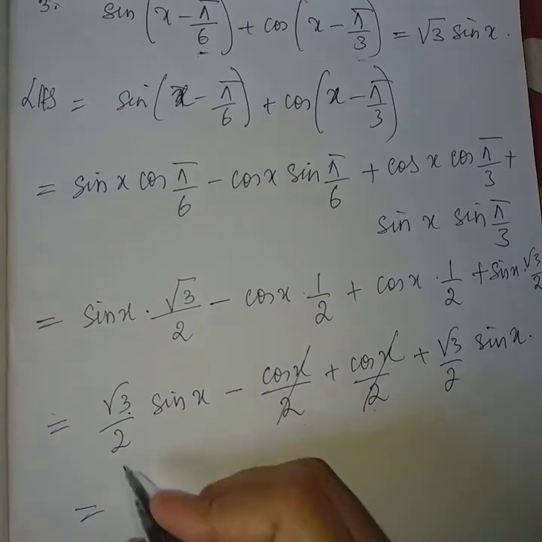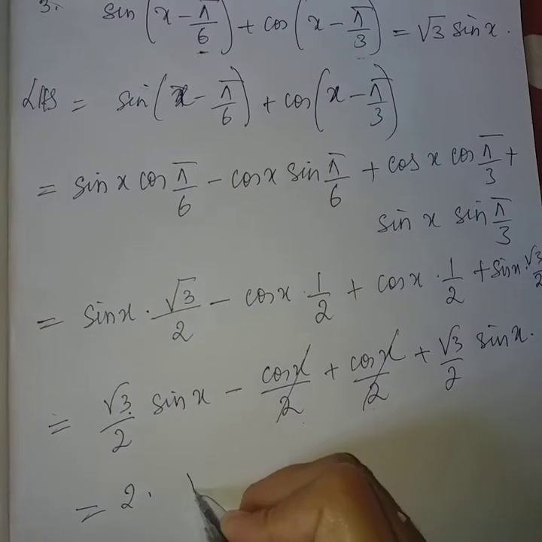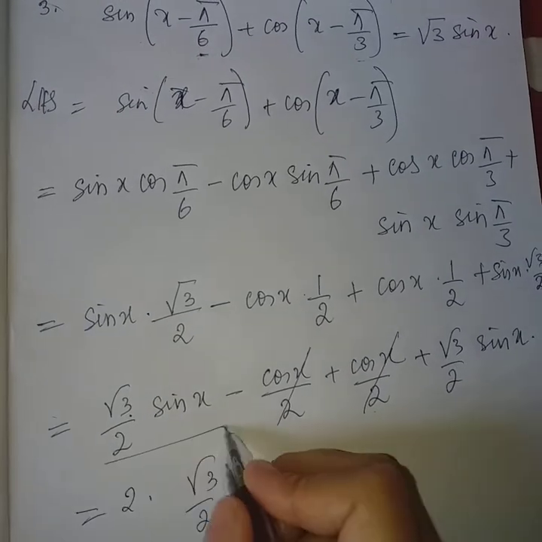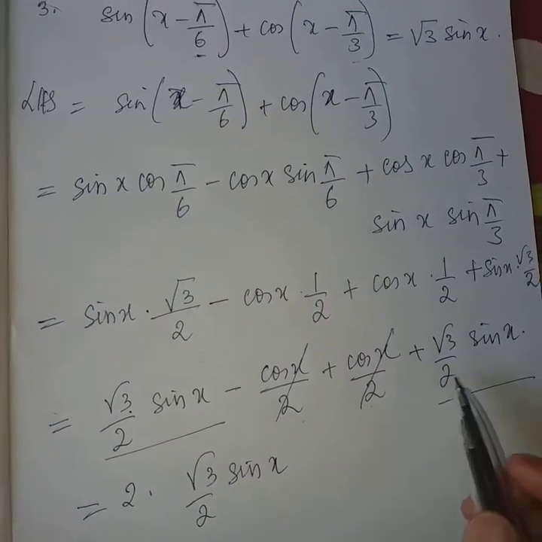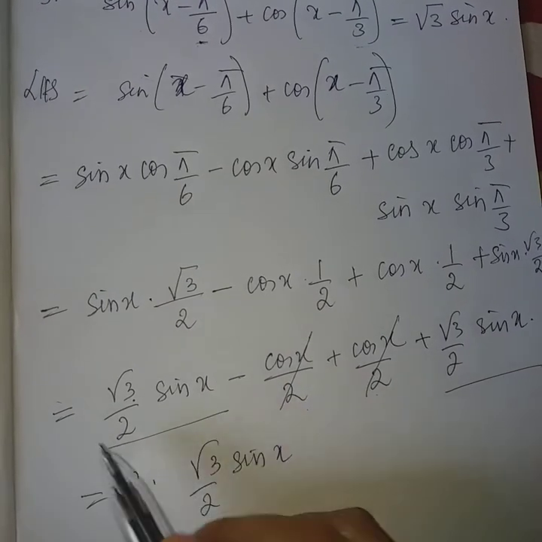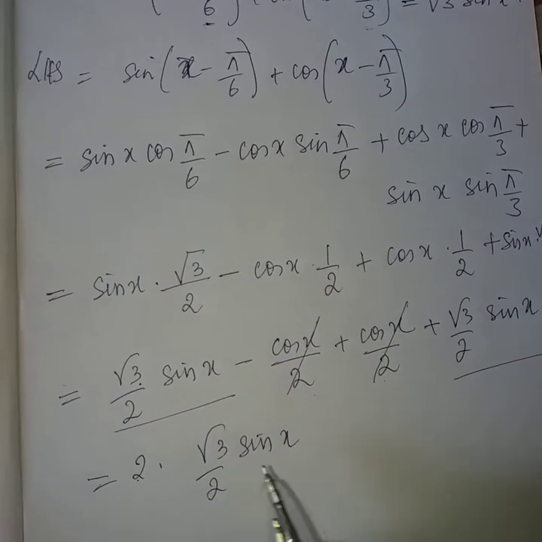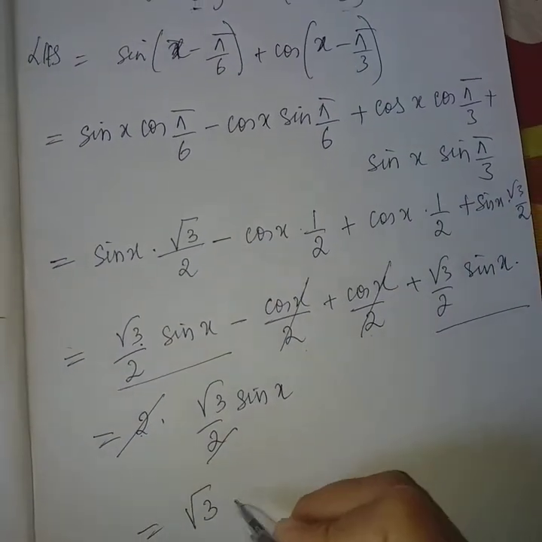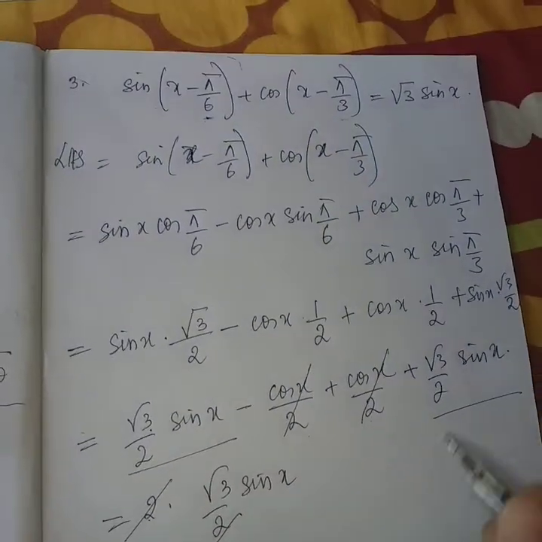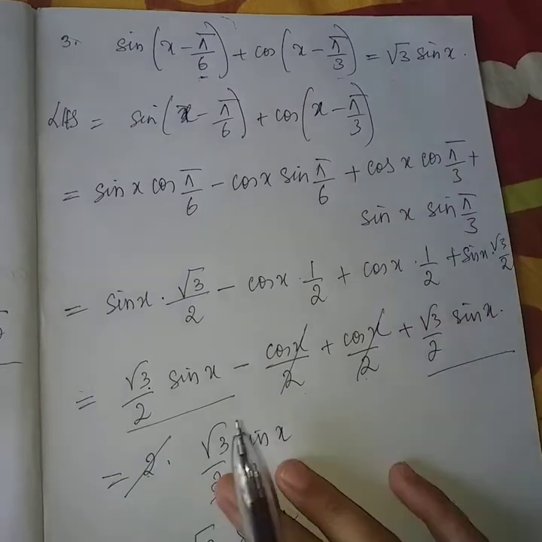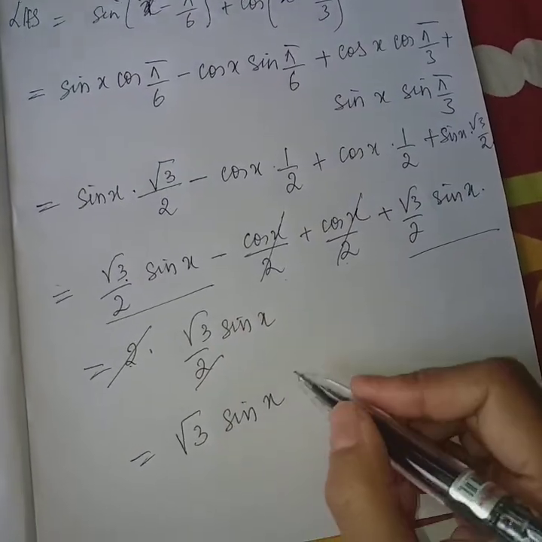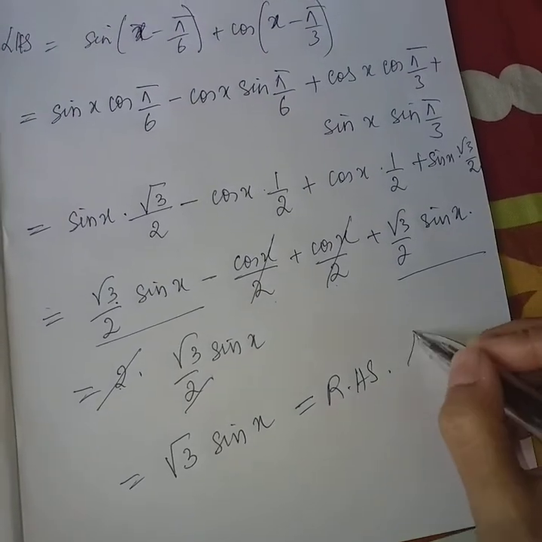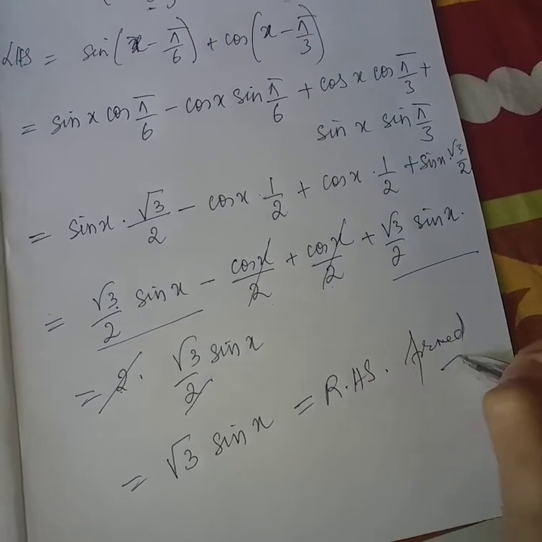When we add two same things, it becomes twice of that thing, so 2 and 2 get cancelled. So what we get? Root 3 sine x. We wanted to prove root 3 sine x as in the right hand side. So we got it to be equal. So it is proved.